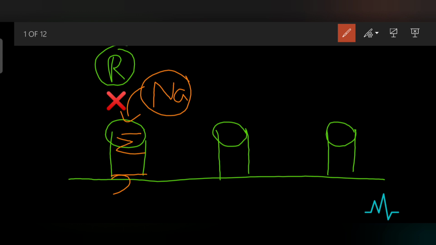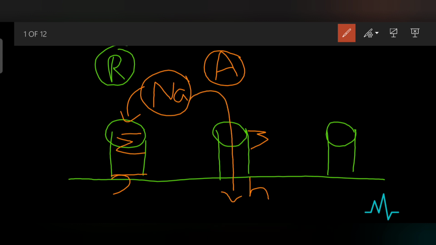But when there is some stimulus, these voltage-sensitive sodium channels open, and this phase is called the activated phase, right? In this phase, the M gate and the H gate open, and sodium can enter the cell and make the cell depolarized, right?